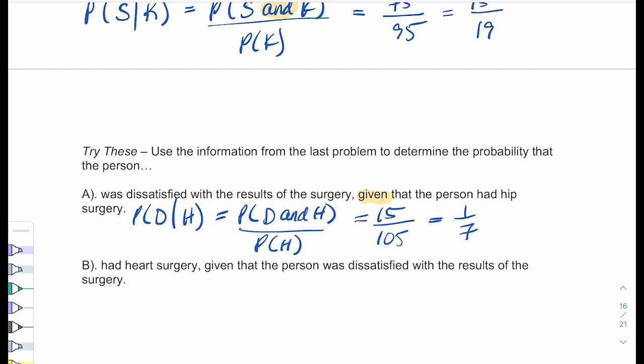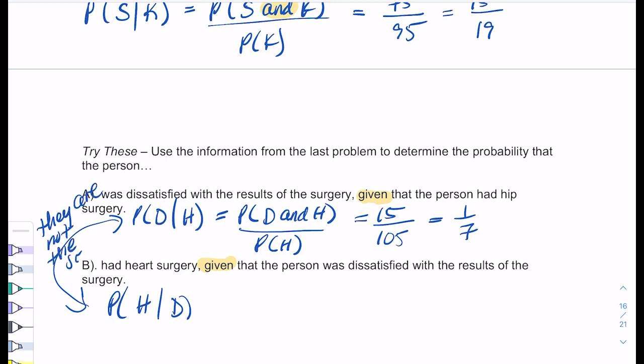Okay, and for the last one, probability someone had heart surgery, given, conditional probability, that the person was dissatisfied with the results. Okay, so heart surgery, given, dissatisfied. These both look the same, but they are not. So the top part, again, is heart surgery and dissatisfied.